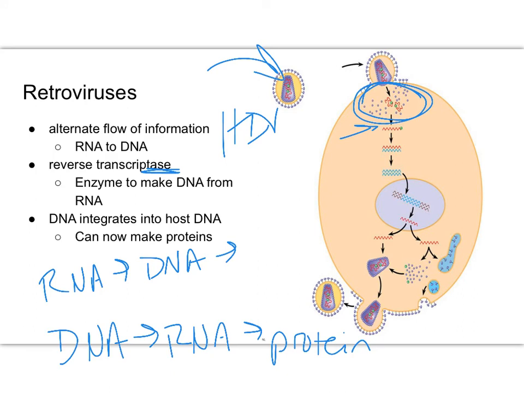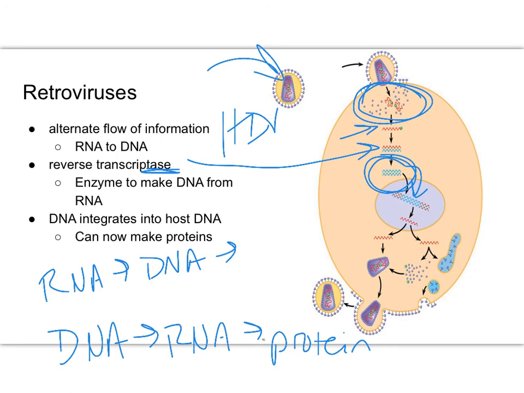And so what will happen is this reverse transcriptase will turn that into DNA. So it will make DNA out of that RNA. And so now there's DNA that will get incorporated into the host cell DNA. So that DNA that was formed using that reverse transcriptase gets incorporated into the host cell DNA.